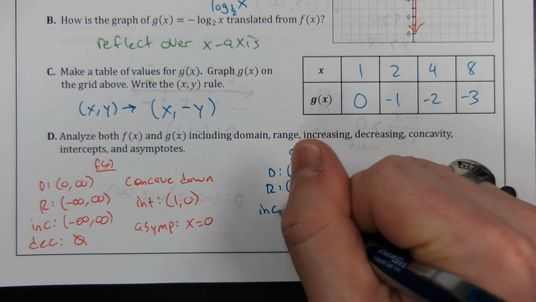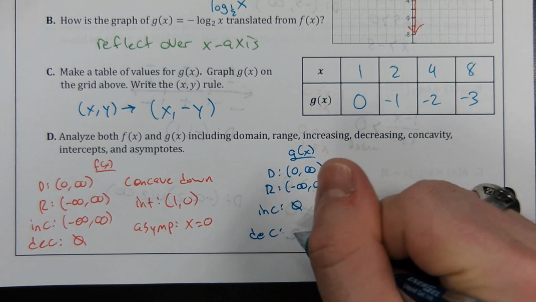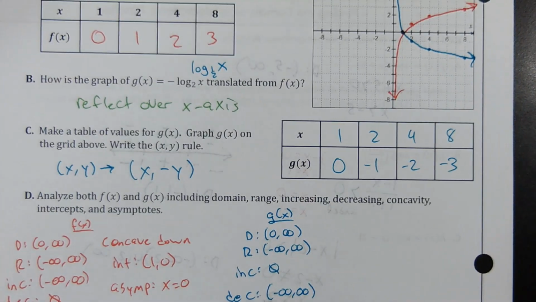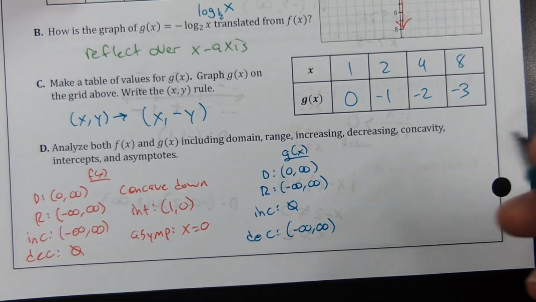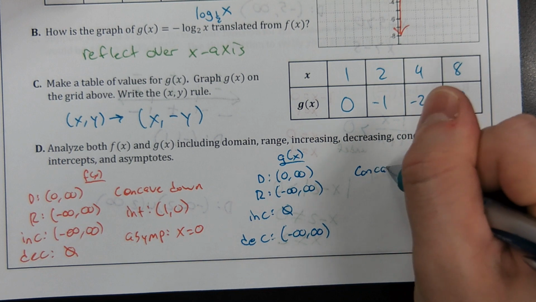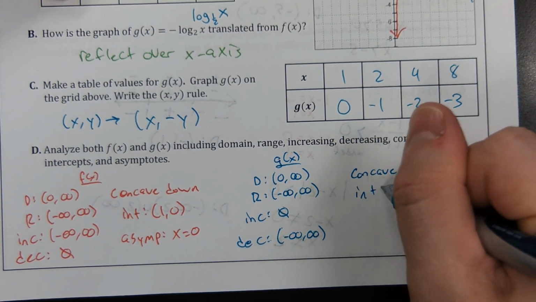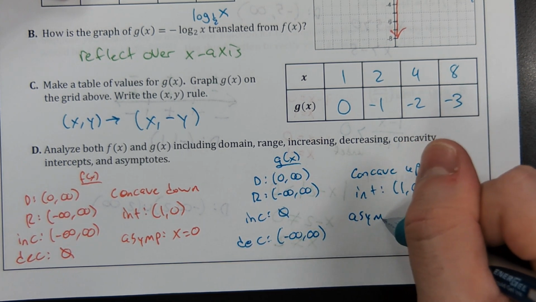So it never increases, but it decreases on its entire domain. What do we know about the concavity of that blue graph? It's concave up on its entire domain. Its intercept has not changed. And lastly, the asymptote has not changed.